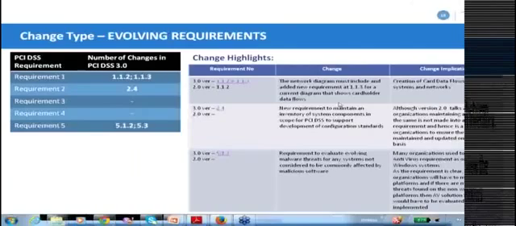Now version 3.0 is clearly mandating the creation of card data flows. That is, all these systems, network devices, wherever the card data traverses, that flow also has to be documented and captured by the organizations.